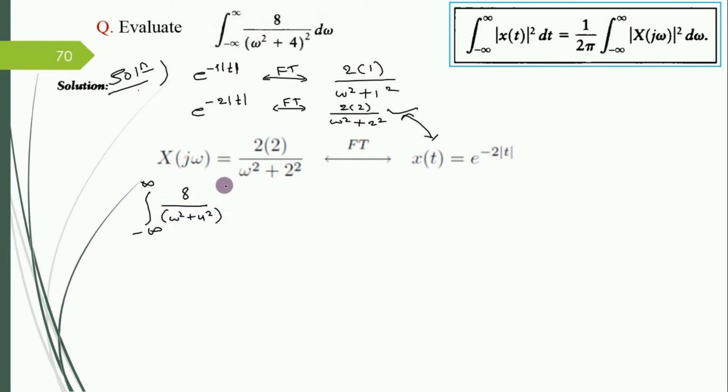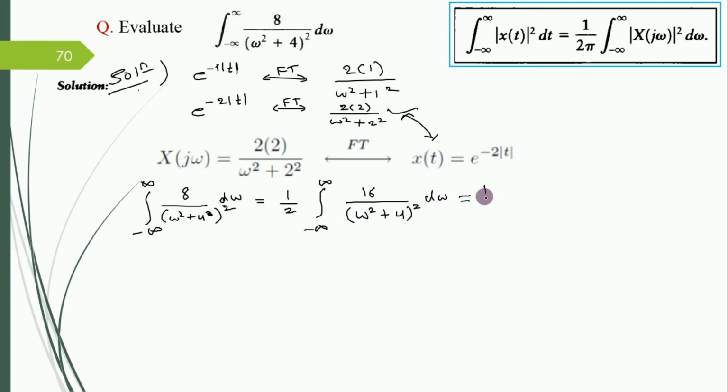I make some arrangements here. I write this as 1 by 2 taken common outside, so I have to write 16; 16 by 2 is 8 divided by omega square plus 4 whole square d omega.